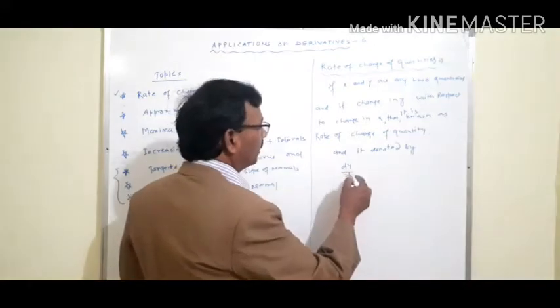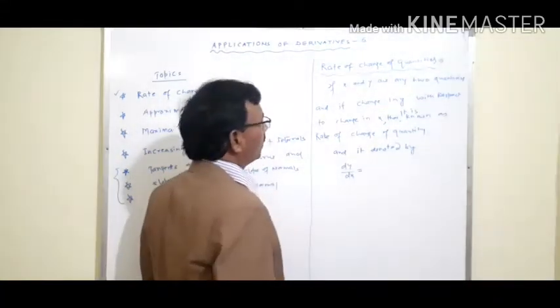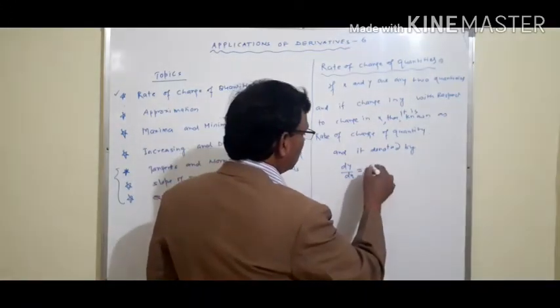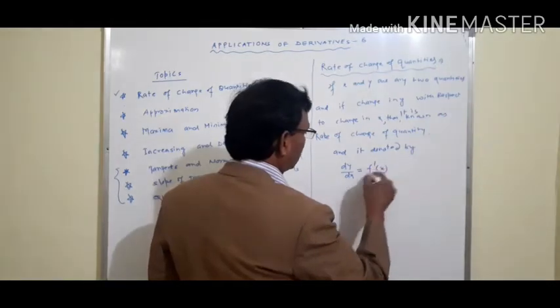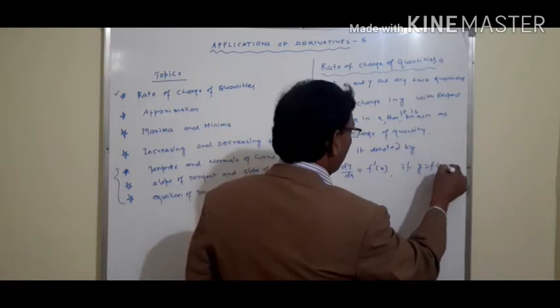This is known as rate of change of quantity, and it is also equal to f dash of x if y is represented by f of x.